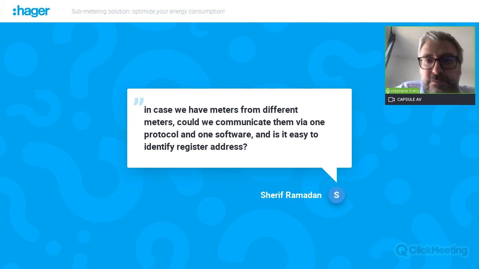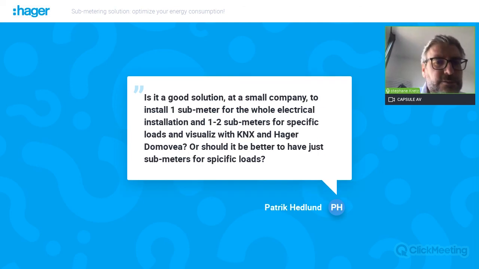But at the end, if your supervision can read different addresses for different types of product or different suppliers, of course you can use it. It's like KNX is an open standard. These are open standards, so normally no problem to read. Yeah, clearly no problem. It's okay.